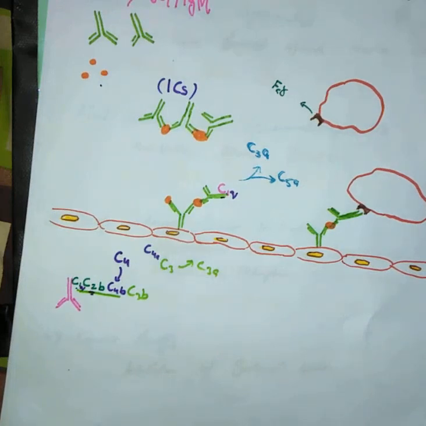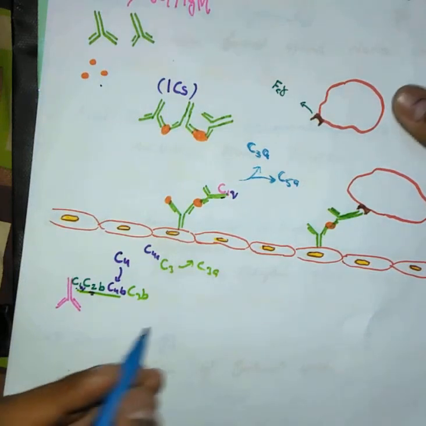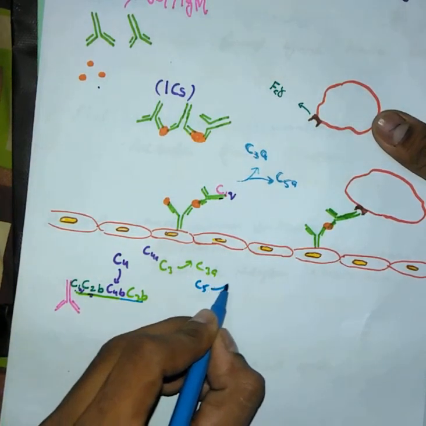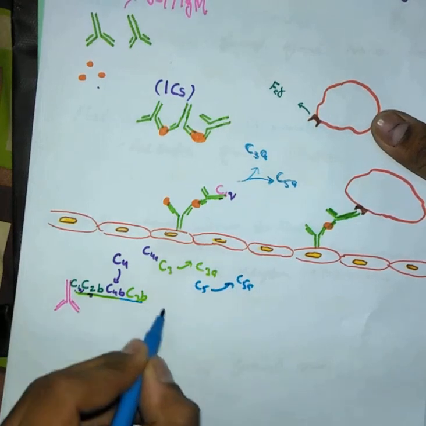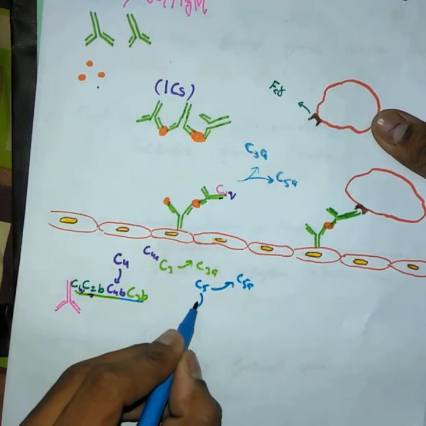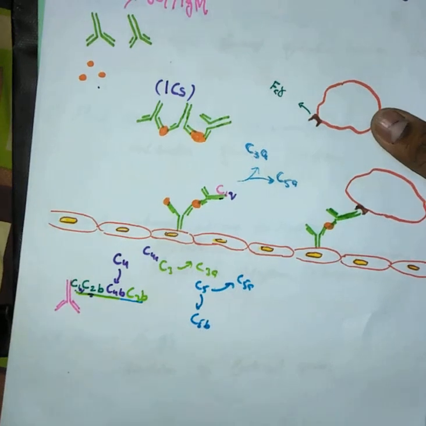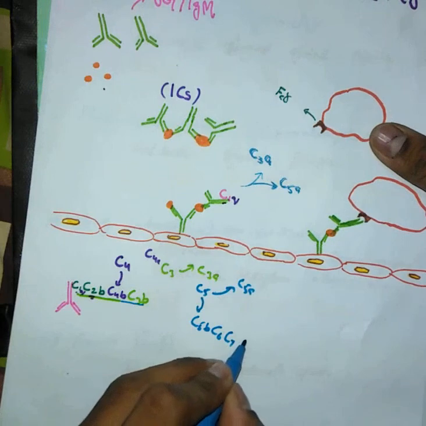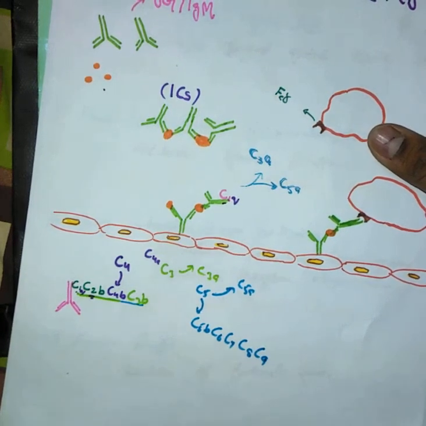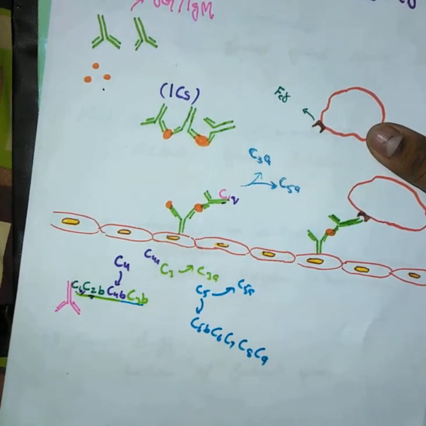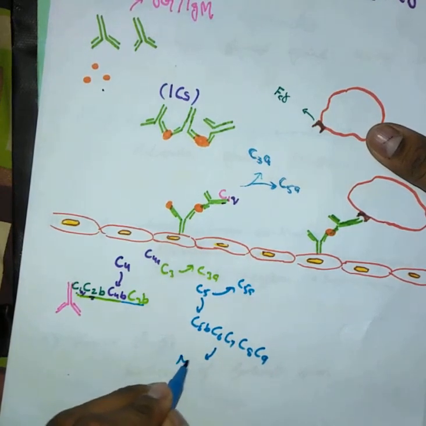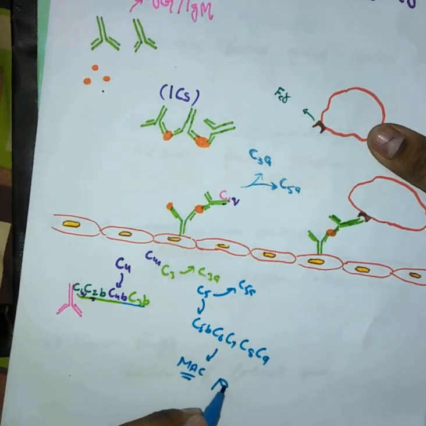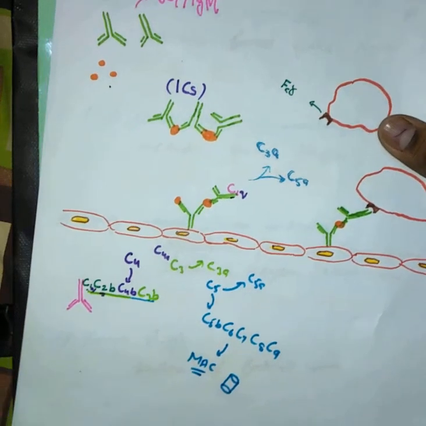Now all these C1, C2b, C4b, and C3b will combine together and will be able to convert C5 into C5a and C5b. Now this C5b, along with C6, C7, C8, and C9, forms a complex called MAC, the membrane attack complex, and they arrange themselves to form a pore-like structure.